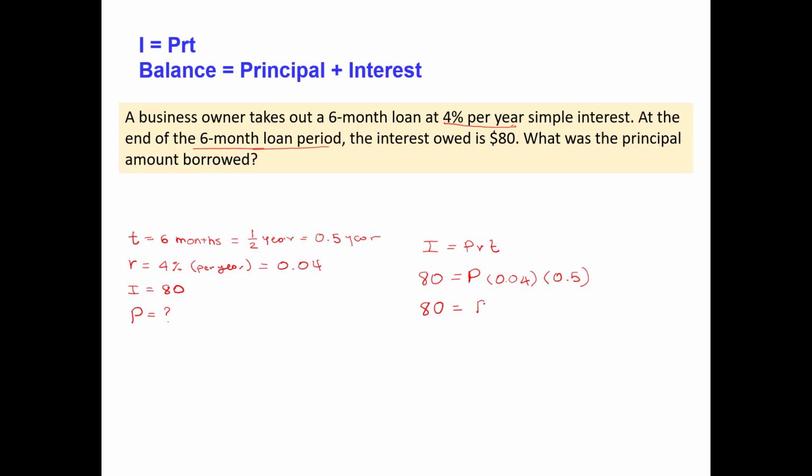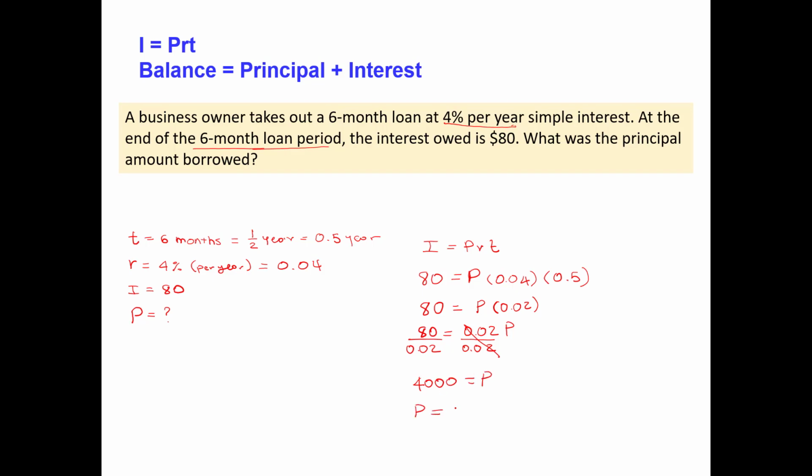You can write this also like 0.02, the same thing. And now we need to divide to solve for P. Divide by 0.02, and 80 divided by 0.02 is 4,000.